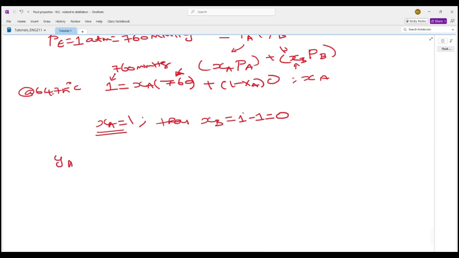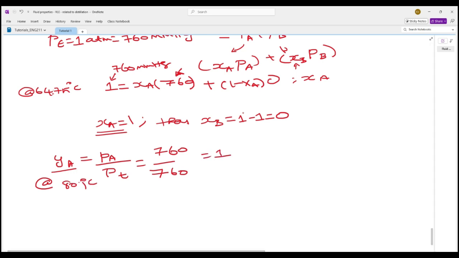Now we can calculate YA. YA is given by the partial pressure of A divided by the total pressure. The total pressure is 760. The partial pressure of A in this case is 760 as well, at 80.1 degrees centigrade.